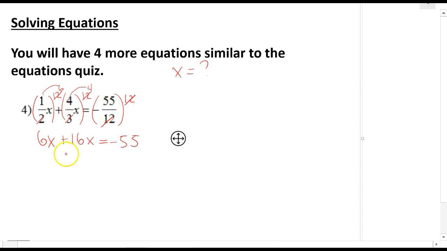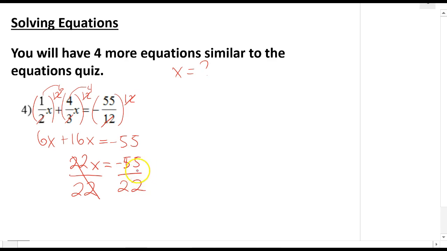So now I just combine the like terms on one side. So 6 plus 16, 22x equals negative 55. And now divide both sides by 22. Cancel that out. Now I want to simplify this fraction.